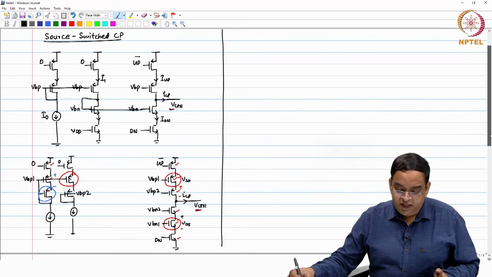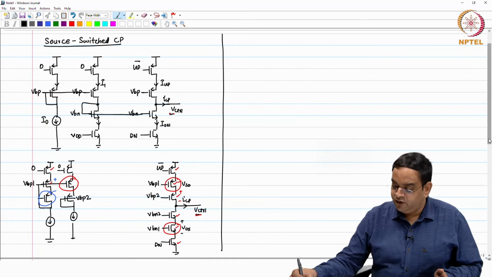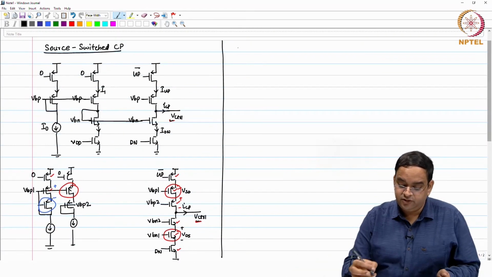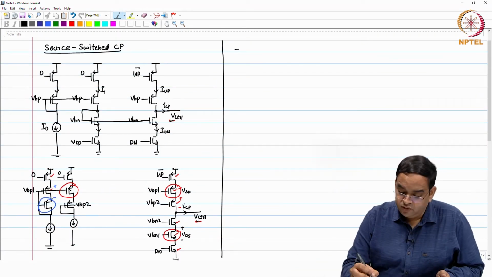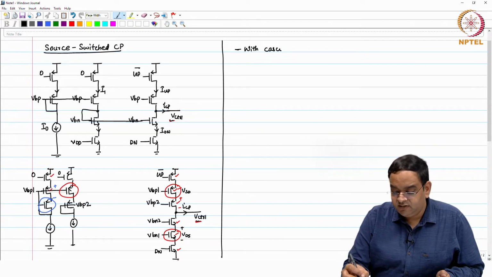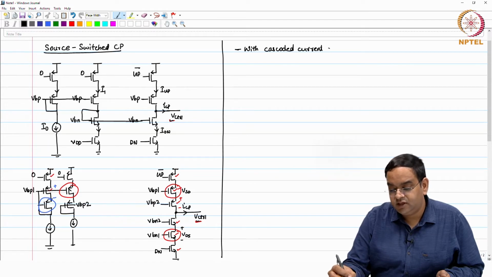This way it helps in reducing the static mismatch. So, with cascoded current sources, static mismatch is reduced.